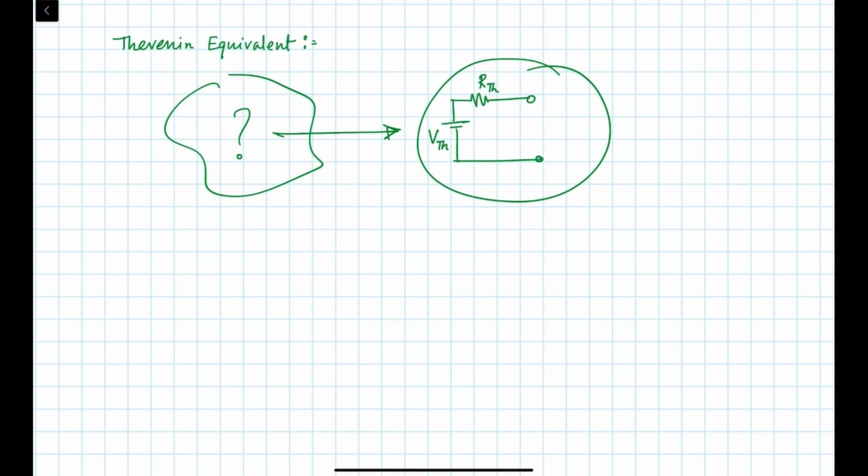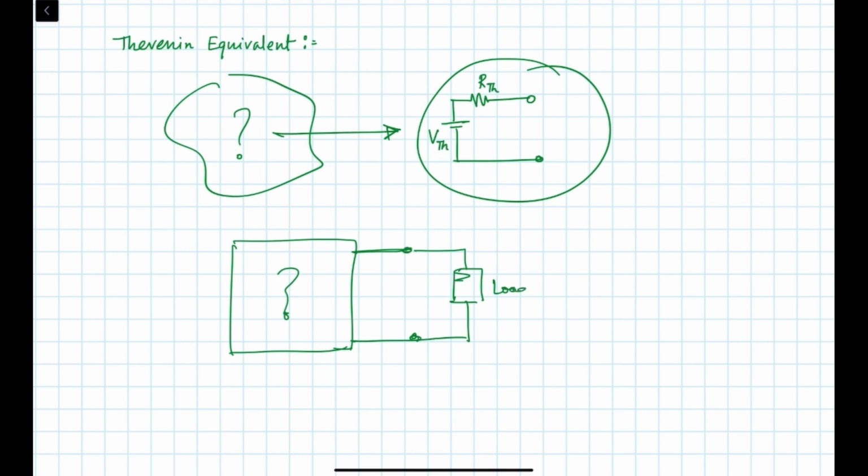Now why do we need this Thevenin equivalent? Basically, suppose we have a complex circuit here, and we have the output of this, like there is a 2 terminal here and we connect some load here. Now if we need to find the voltage and current through the load, then we have to calculate this whole circuit, yes, but if this circuit is very complex, then the calculation also becomes complex, and any change in load will make us do the calculation again and again.